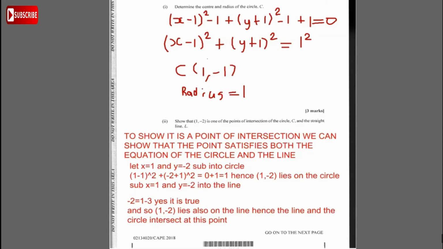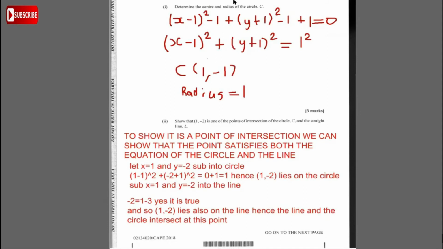So hence, but let's look at method 2. Method 2 is if you're bored and you wanted to solve it. Method 2 is just the typical calculation method, substitute the line into the curve. So I'm going to use this equation, the general form.